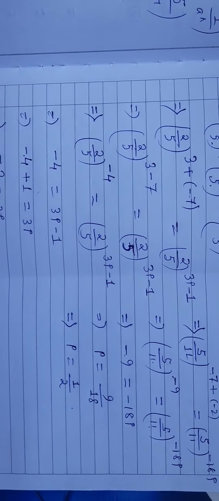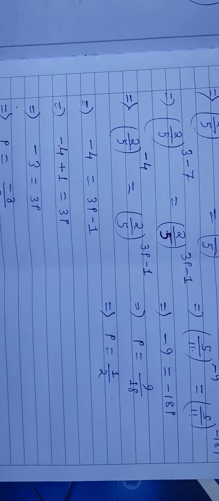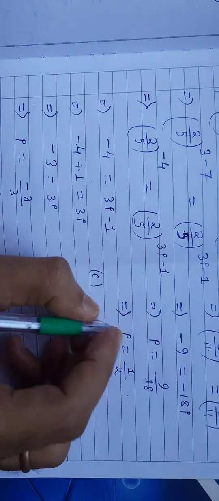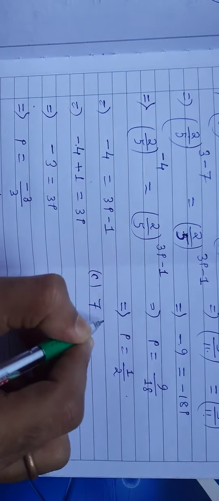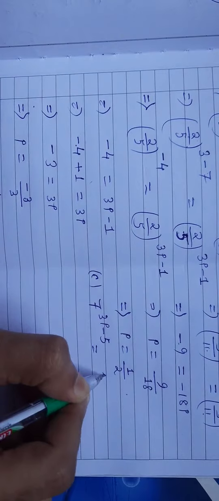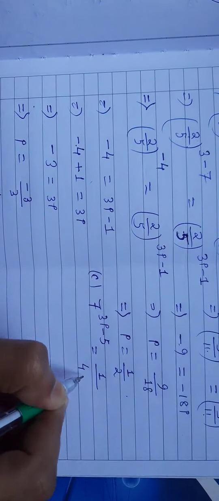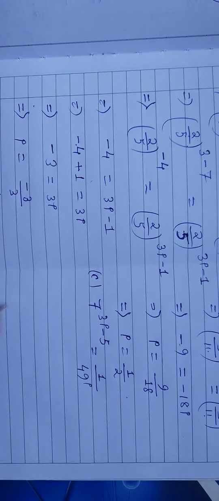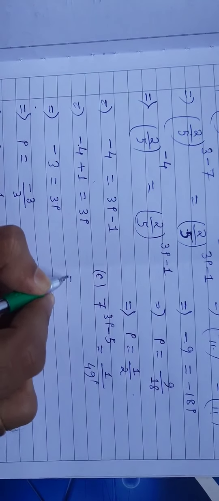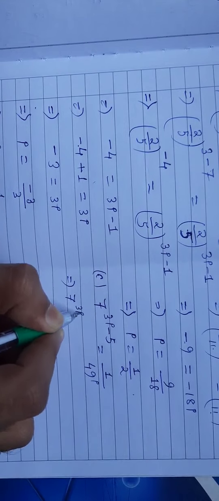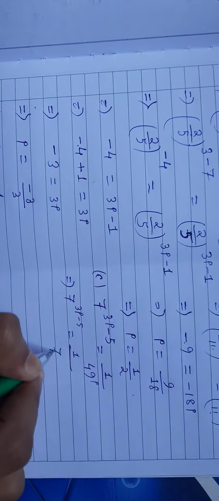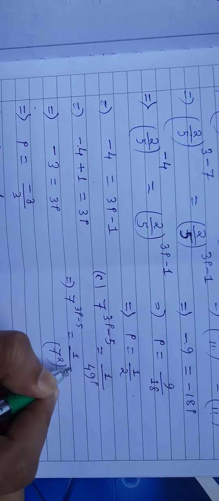Moving on to the next question, that is question number C, which is 7 to the power 3p minus 5 equals 1 by 49 to the power p. This can be written as 7 to the power 3p minus 5 equals 1 by (7 squared) to the power p.